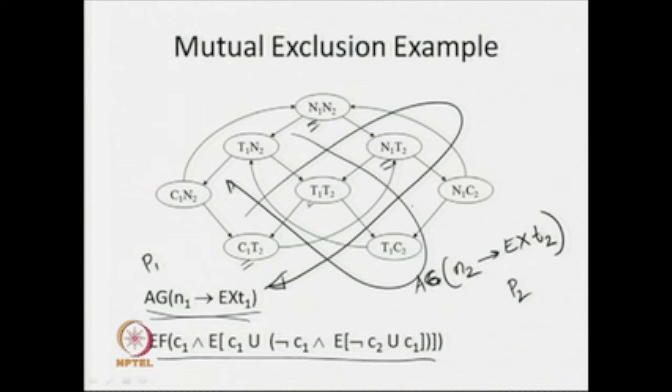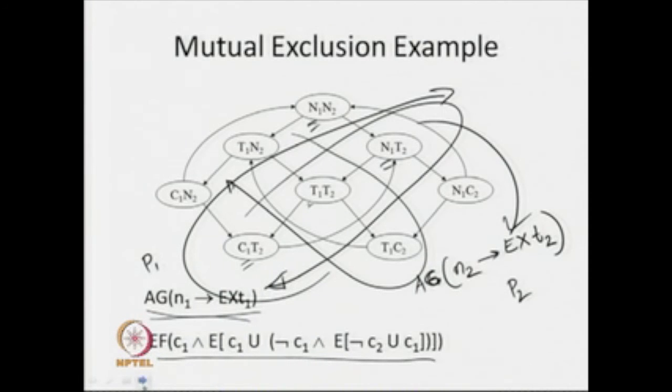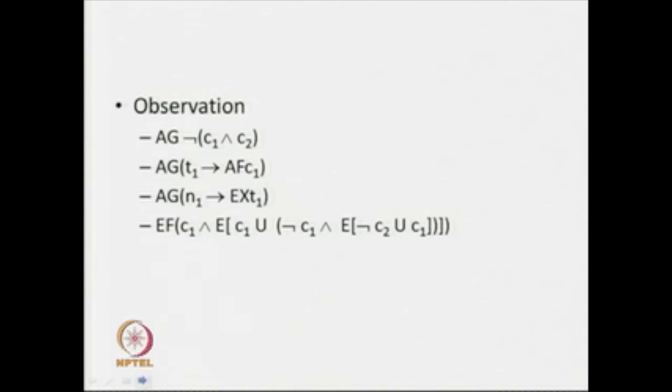That means, we are not following any sequence over here. So, C1 can enter into the critical section a number of times, and eventually after some time it will come out and process P2 will go into its critical section.